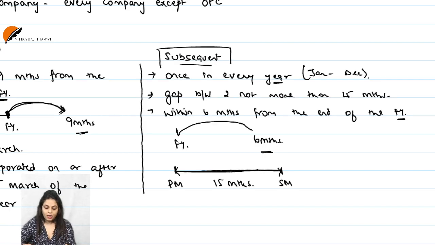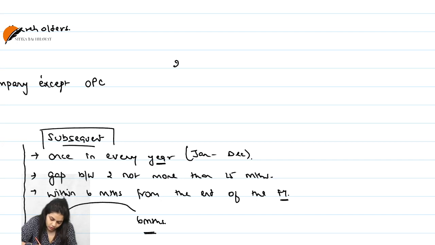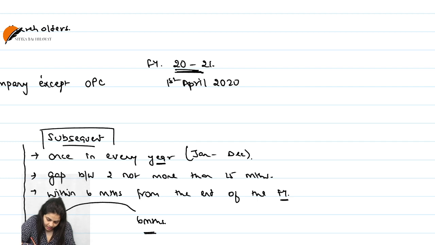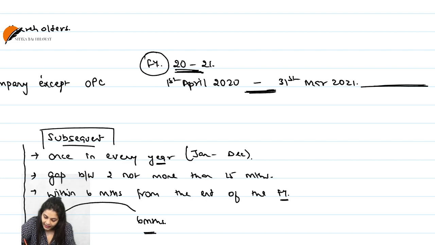Now here, what we need to understand is 2021 financial year. The meeting for this financial year, so this period started on 1st April 2020 and this period ends on 31st March 2021. Once the financial year ends, the meeting for this financial year will be held now.